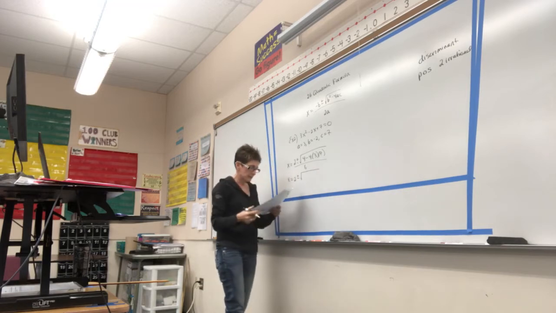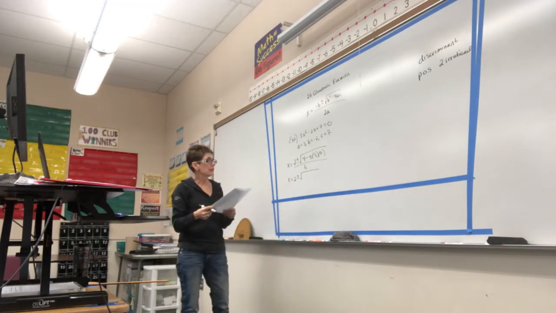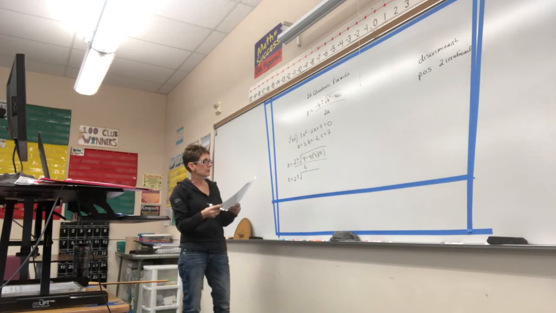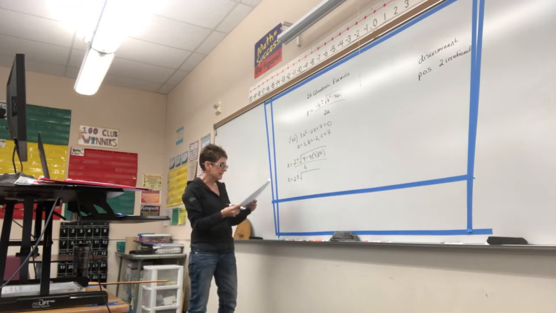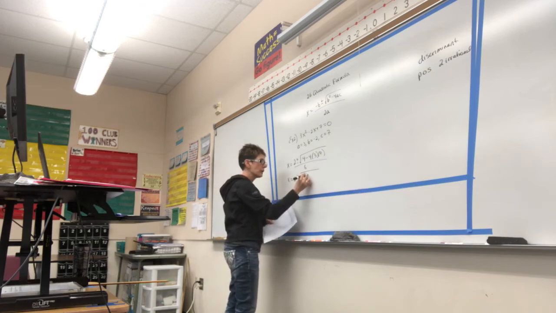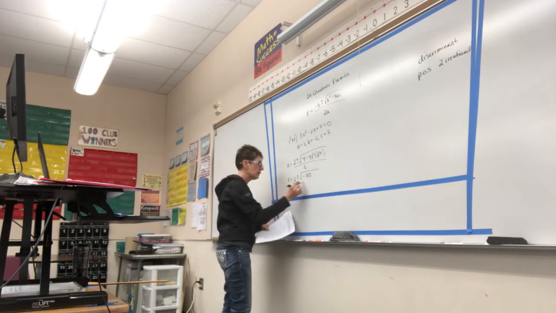Now 4 times 3 is 12, 12 times 7 is 84. So we're going to have 4 minus 84, which is the square root of negative 80 over 6.